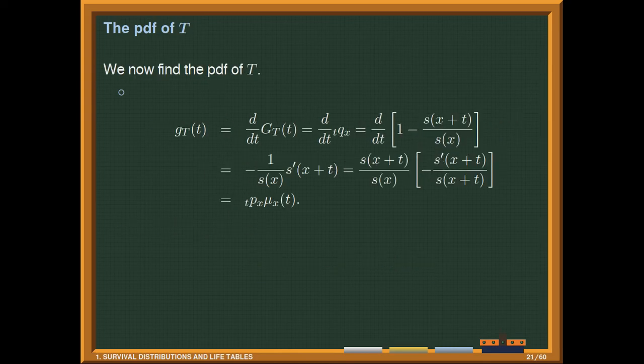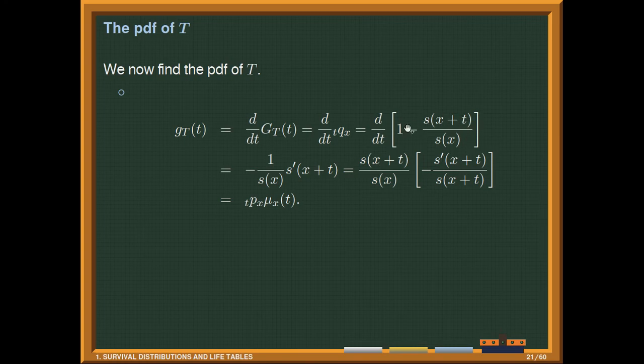Okay? Now, for the random variable t, the derivative of the CDF of t gives us the PDF of t. But we said that the CDF is tqx, so that's the same as the derivative with respect to t of tqx. But we note that tqx in terms of the survival function of t is equal to this.